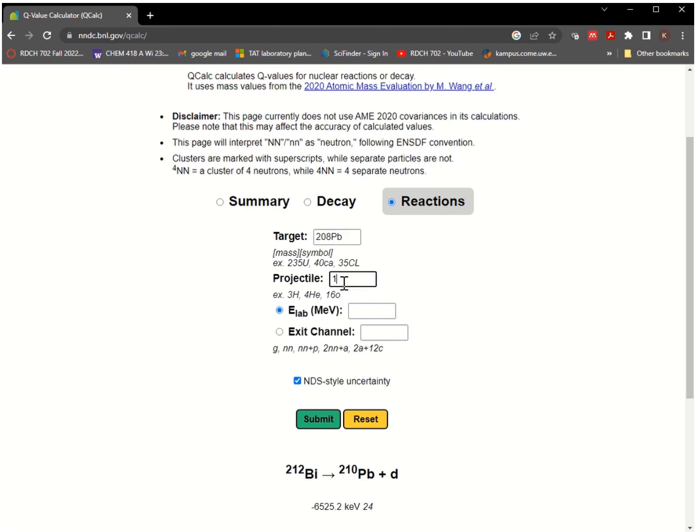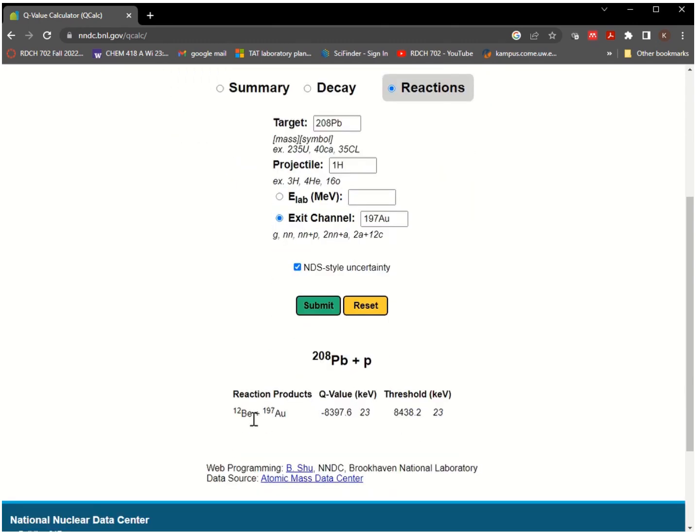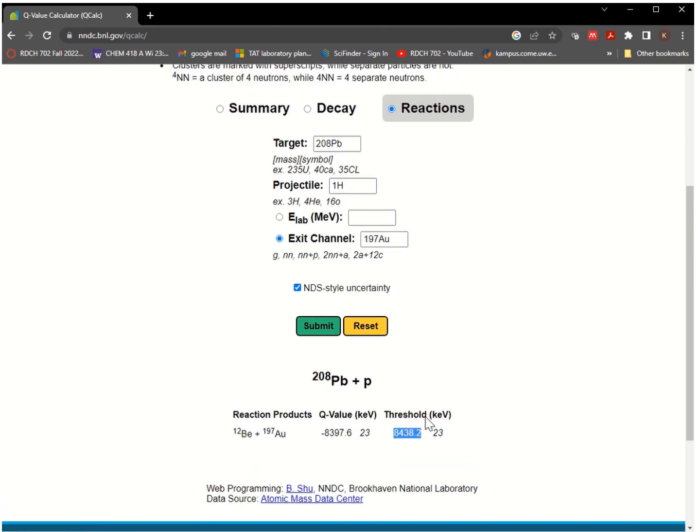And let's start off by just hitting it with a proton. And let's say I want to make gold-197. That's the stable isotope of gold. All right, so lead plus a proton, beryllium-12, and gold-197 could be products. The Q value is listed here. And a threshold energy, which we'll describe later in the course, is listed here.